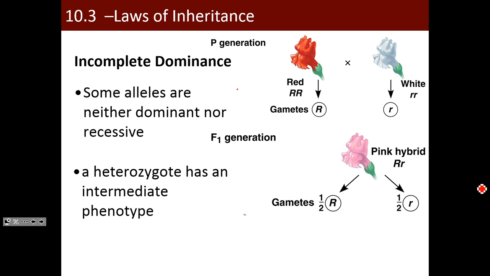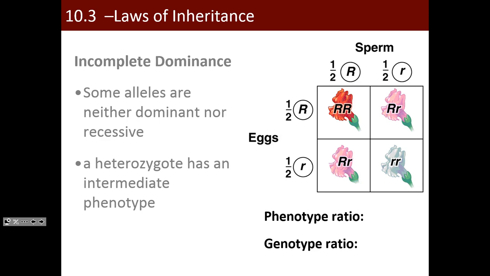But if you take our F1 generation heterozygotes and you allow them to self-fertilize, just like we did in our complete dominance studies, so we have them making gametes, half of their gametes get a dominant allele and half of the gametes get a recessive allele, then you end up with an F2 generation where 1/4 of your individuals are red, 1/4 are white, and half are pink.